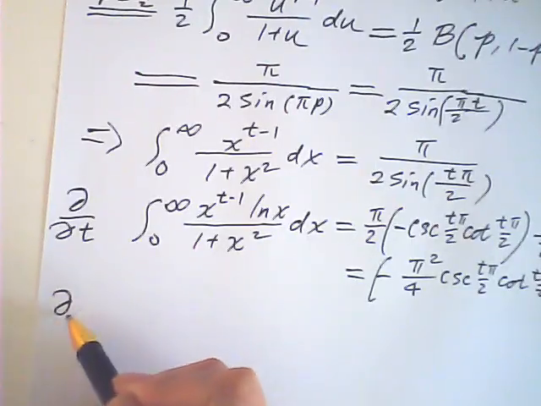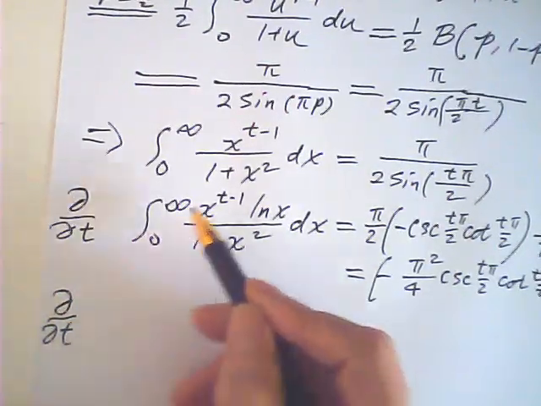Then we take the derivative with respect to t again, of this one and that one.